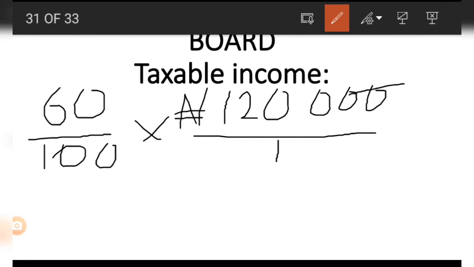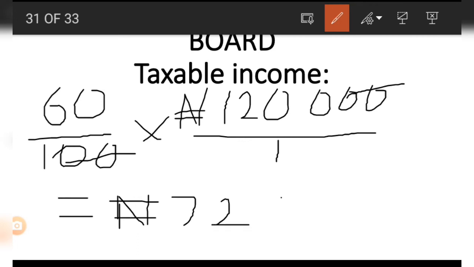Now when we look at the numerators and the denominators, we see the zeros, so we cancel 2 zeros out, and then we have 60 times 1,200 naira. When we multiply this carefully, we are going to get 72,000 naira.